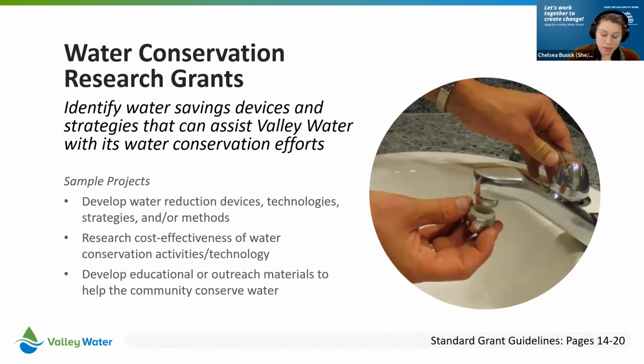Again, this is specifically for research projects, and some sample projects include or could include development of water reduction devices, technologies, strategies, or methods, researching cost effectiveness of water conservation activities, and then development of educational or outreach materials to help the community conserve water.